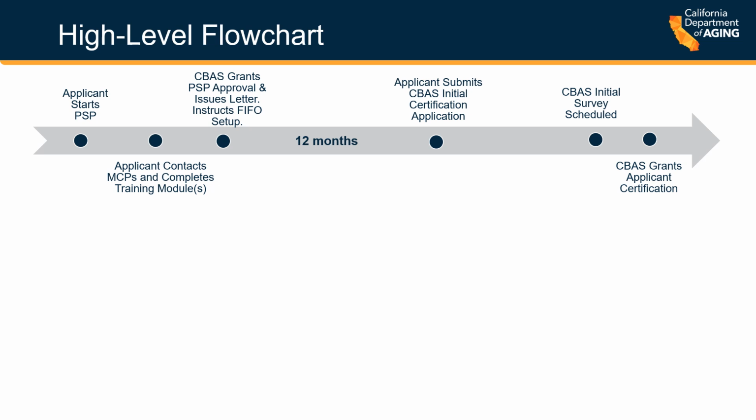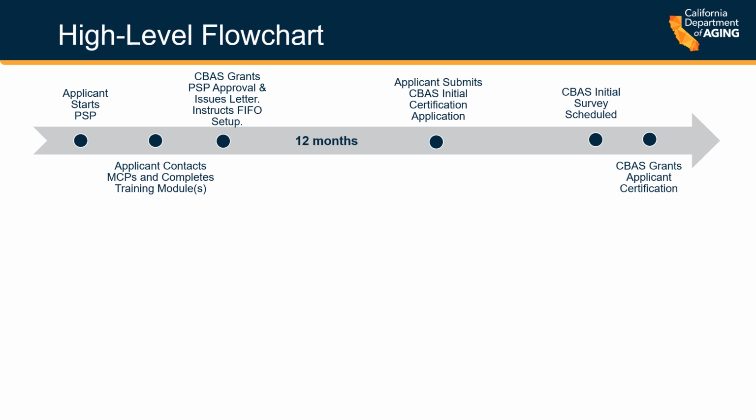The gray bar shown along the top of the slide represents the steps you must take with CDA to obtain CBAS initial certification. The first step is for you to start and submit your PSP for CBAS review. After all answers are accepted by us, you will receive the PSP approval letter. From the date the PSP approval letter is emailed, you have 12 months to submit your CBAS initial certification application.